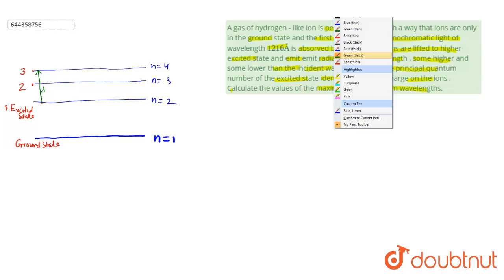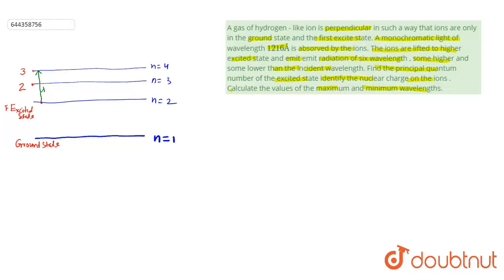Now this radiates energy from n is equal to 4 to 3, this is one wavelength, that is lambda 1, and then 4 to 2, and then it can go to this state.